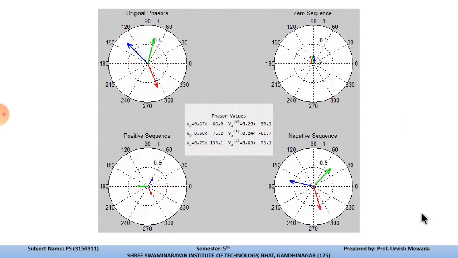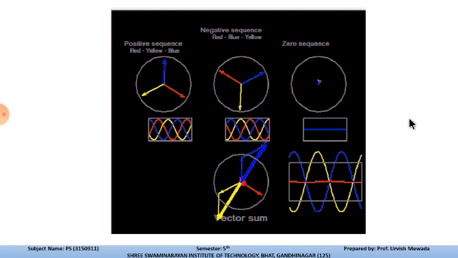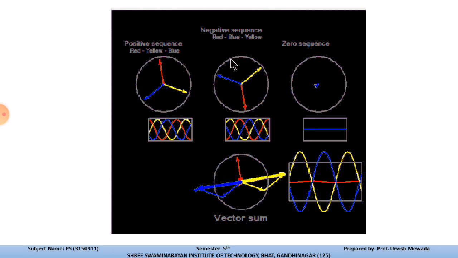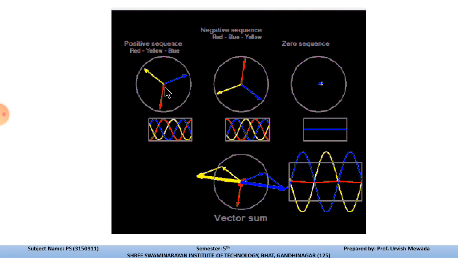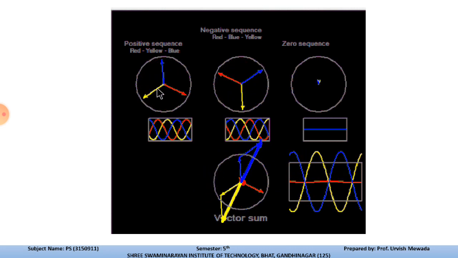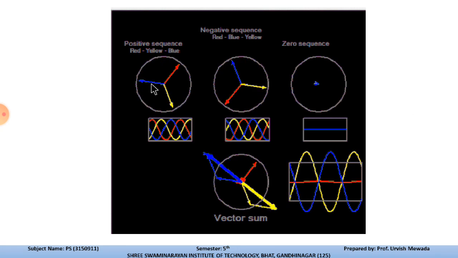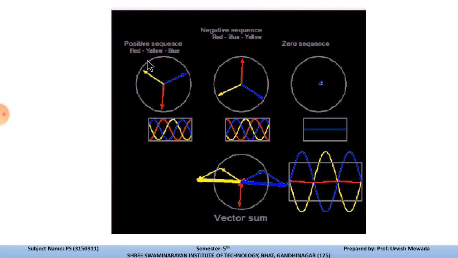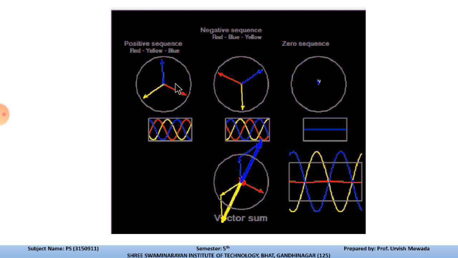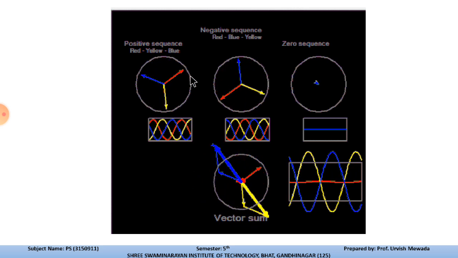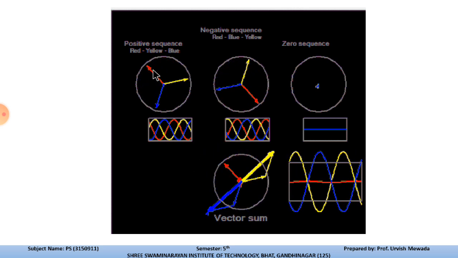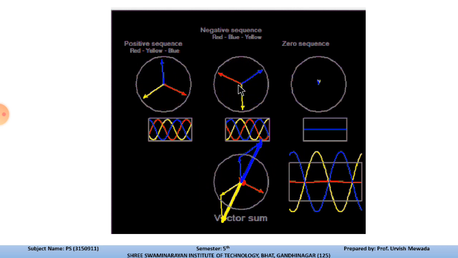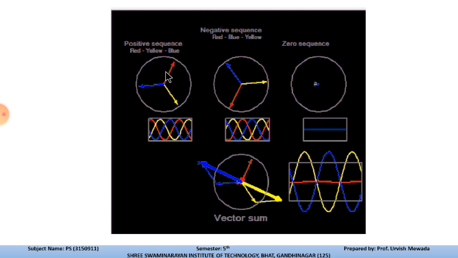This is the second animation of the positive sequence, negative sequence, and zero sequence. In the positive sequence, the colors of the phases are red, yellow, and blue. You can check the position whenever the red is at this place, then the phases are 120 degrees apart from each other.